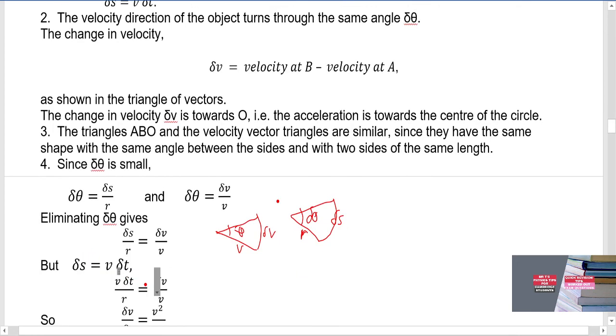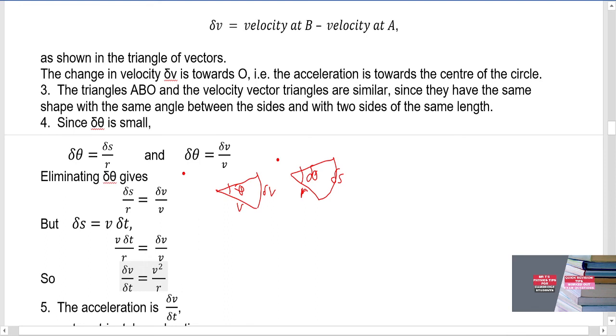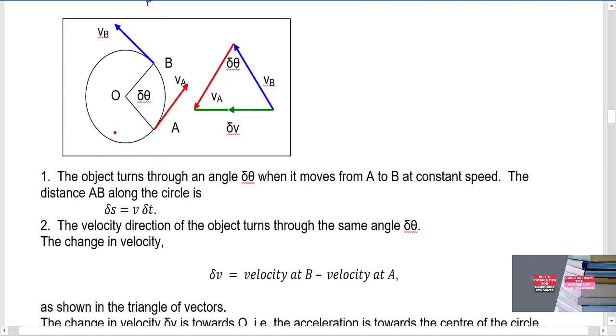Now since we can equate these to d theta, these should be the same. ds over r should be equal to dv over v. But we know that ds is equal to v dt from this one.